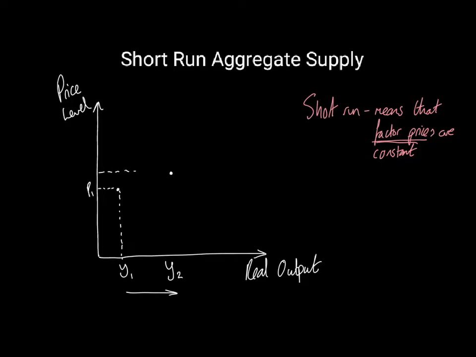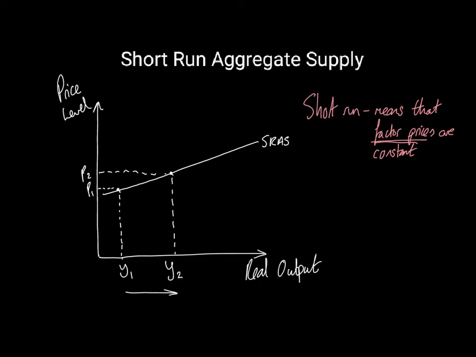So this is telling us that if firms in general want to increase their output to Y2, then the price level in the economy will increase to P2, and that's a general trend. So we can draw our short run aggregate supply curve as a line going through those two points and continuing like this.